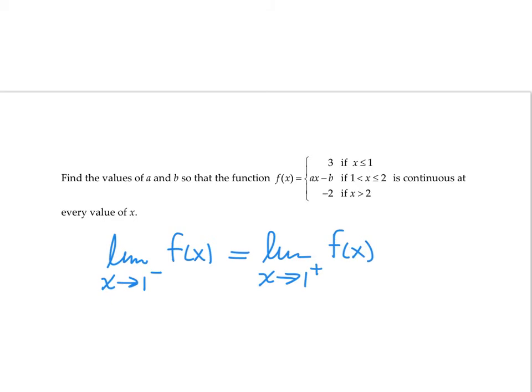Well, as we come in on the left side of 1, where x is smaller than 1, the function value is 3. And as we come in on the right side of 1, close to 1, the function value is ax minus b.